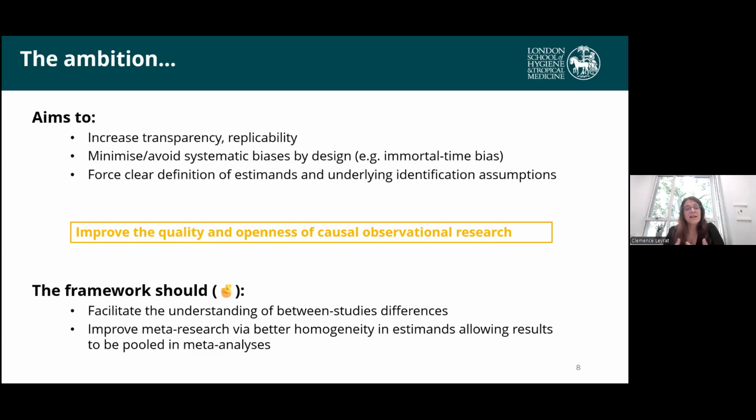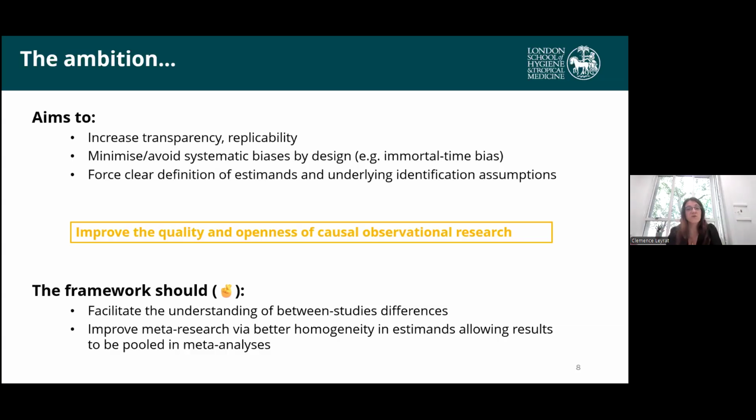It also forces a clear definition of estimands and underlying identification assumptions, so we know what we are doing and what assumptions we are willing to make to interpret the results. Hopefully it will improve the openness of causal observational research and should facilitate the understanding of between-study differences.